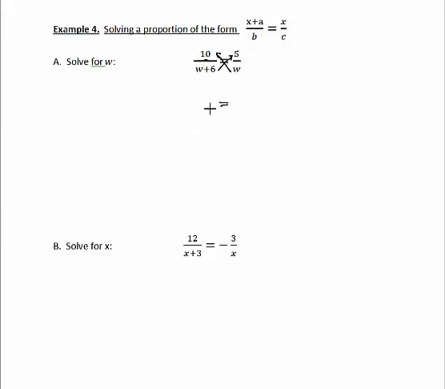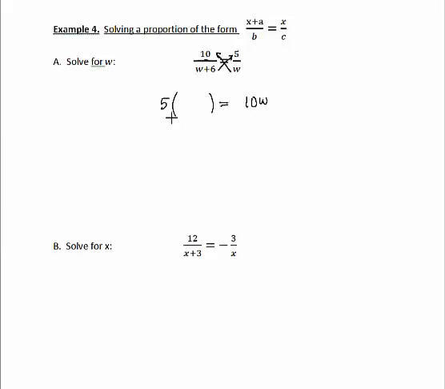We get w times 10, and it doesn't really matter what side you place this product on. 10 times w can go on the left or the right. We could place it on the right. But then the product of the other two denominator-numerator pair has to be placed on the opposite side of the equation.